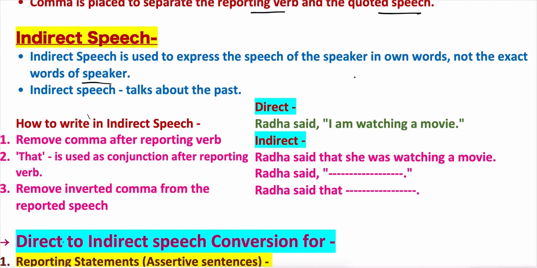For example, the second person expresses in the past what the first person was talking about. So indirect speech talks about the past. It expresses what conversation was done or what talk was said by the speaker or the first person. So the second person expresses in own words what the speaker or the first person said in indirect speech form.